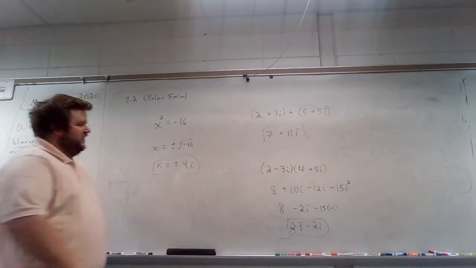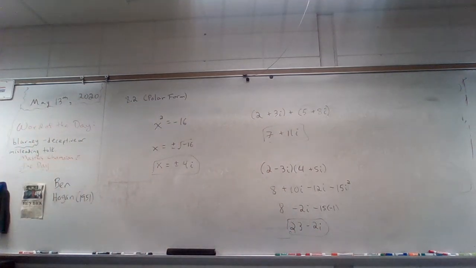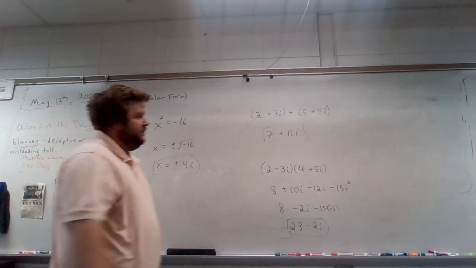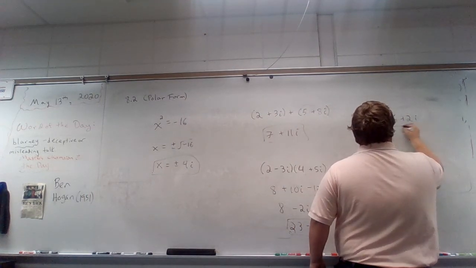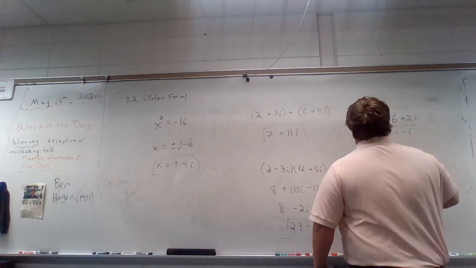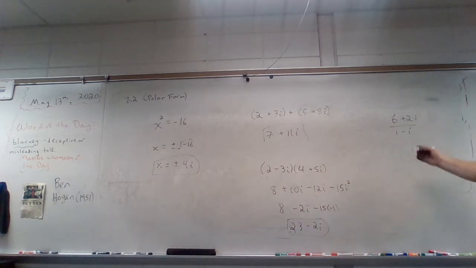So I assume you've seen something like that before, how to go through and do problems like that, so I don't want to spend a ton of time rehashing that. Maybe point out, if you are asked to do one like this, 6 plus 2i over 1 minus i, how you would divide the complex numbers. You would start off by multiplying by the conjugate of the denominator, so 1 plus i, and then distribute all that out.